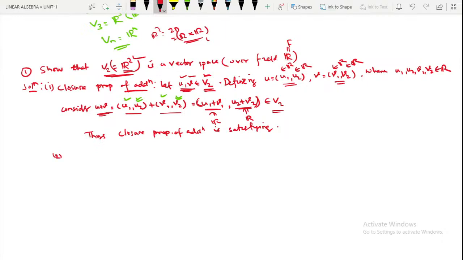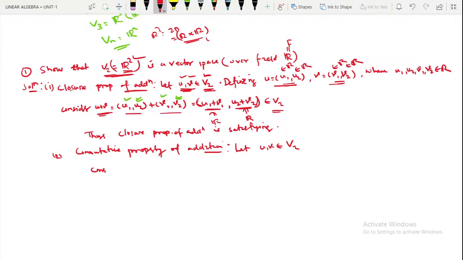Second, I can write the commutative property of addition. So what is the commutative property of addition? Similarly, with my definition of u and v, I will take two elements u, v belonging to V2. Now I will show u plus v equals v plus u.